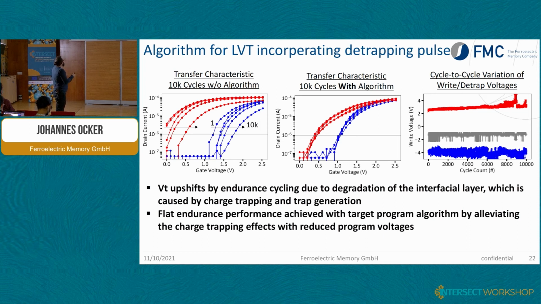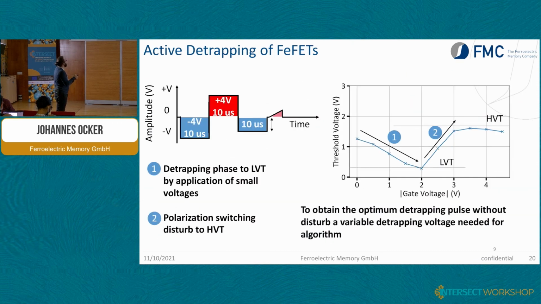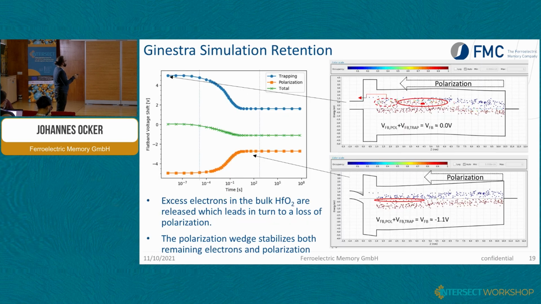It is still not clear where the origin of this effect comes from, but maybe one can think that it comes from accumulating even more electrons in the middle of the ferroelectric hafnium oxide, which charges up the transistor with every cycle.